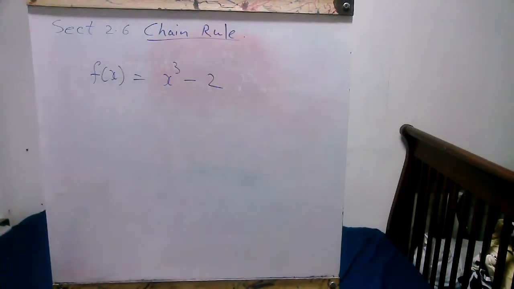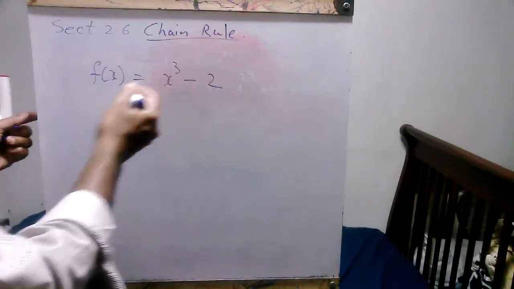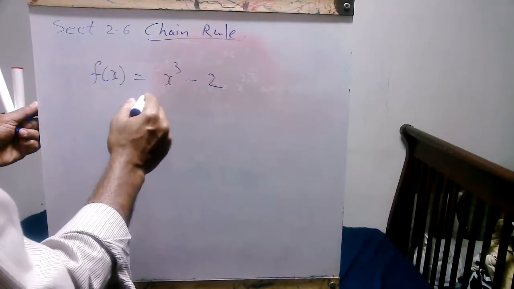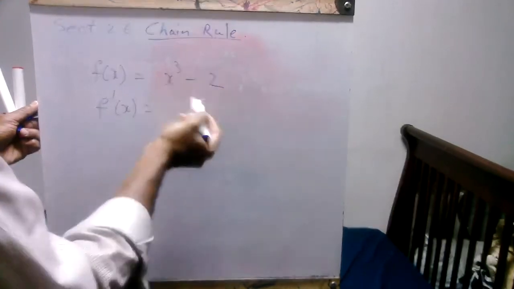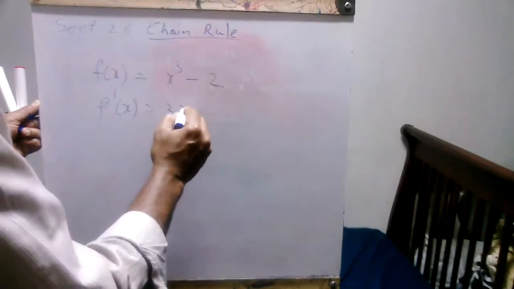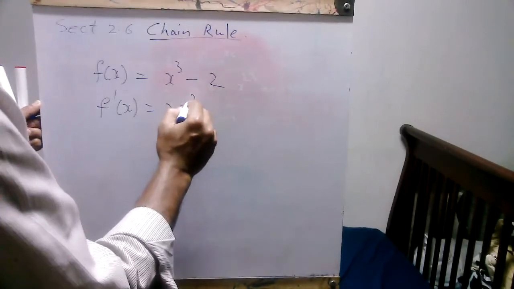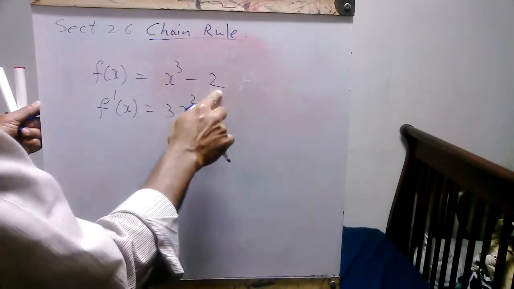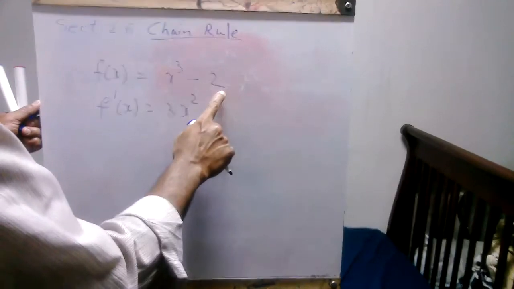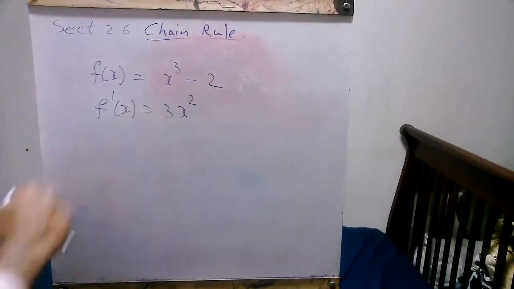We have f of x equals x cubed minus 2. We know how to differentiate this. Just to remind, f dash x is simply the power rule, 3x to the 3 minus 1, which is 2, minus 0. I'm not going to write that the derivative of a constant is 0. So f dash x is this.